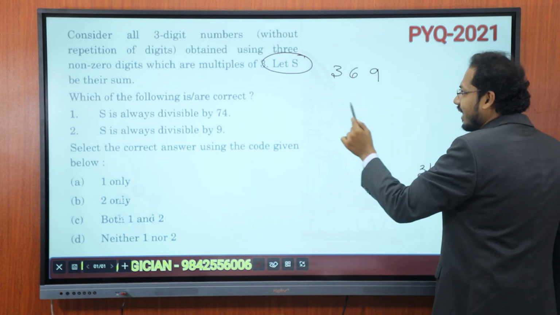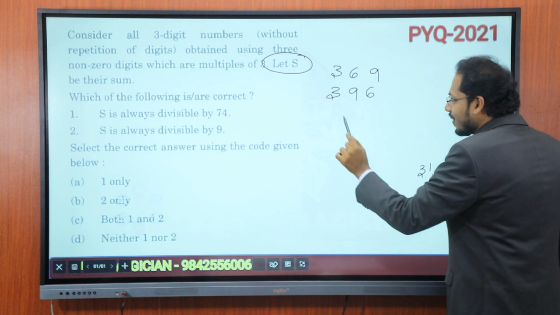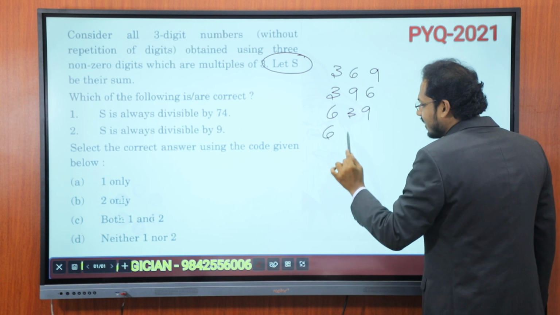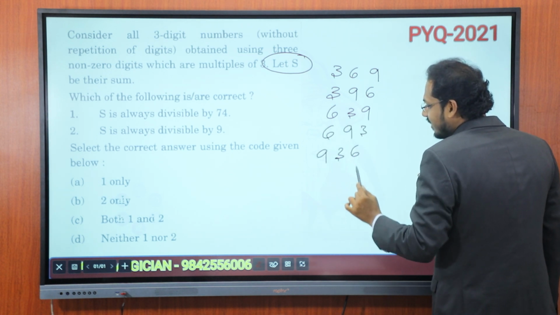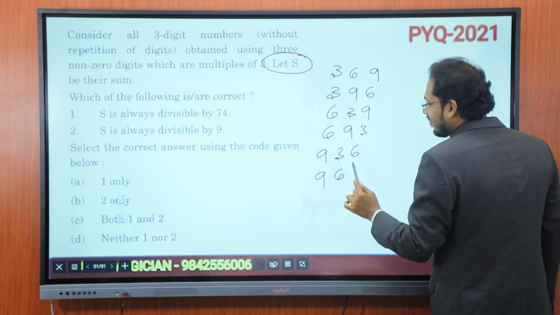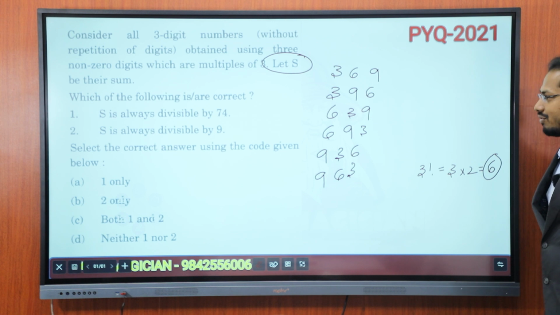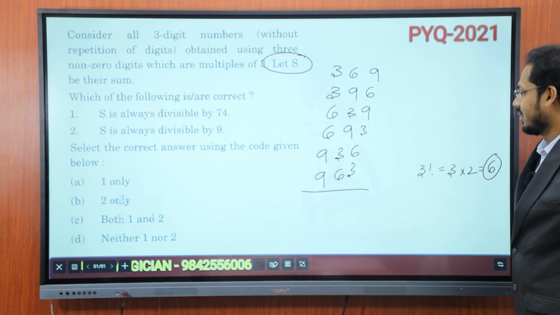So 3, 6, 9 is one set, then 3, 9, 6 is another, then 6, 3, 9, 6, 9, 3, 9, 3, 6, 9, 6, 3. Right? These are all the 6 combinations of numbers, but they want the sum of these numbers, right?